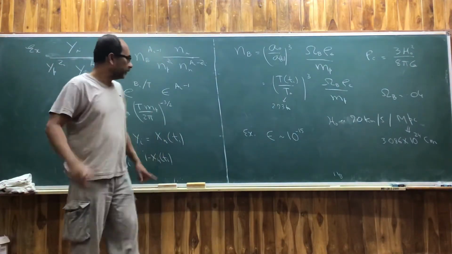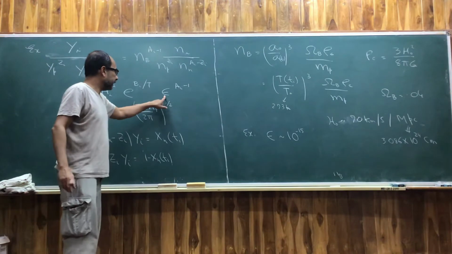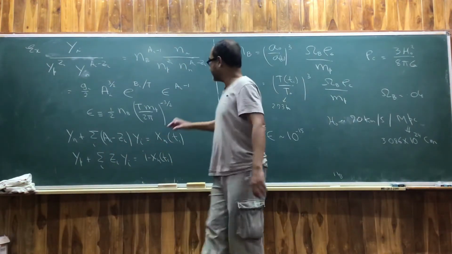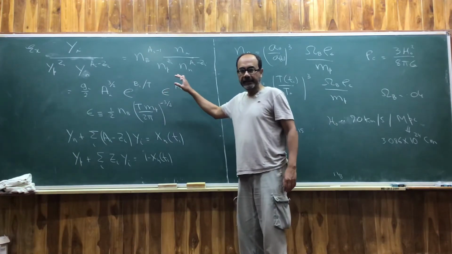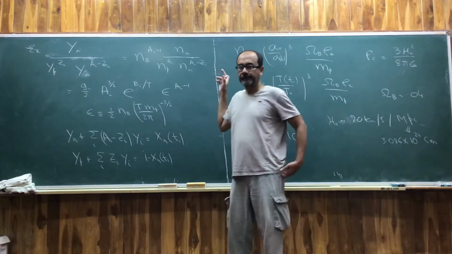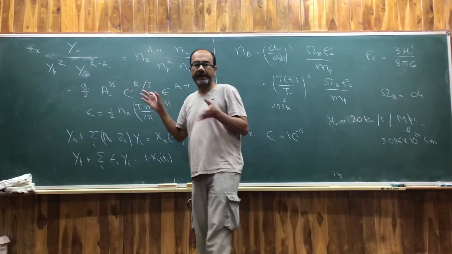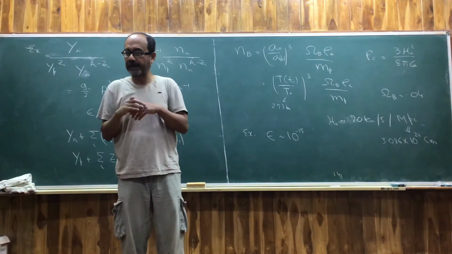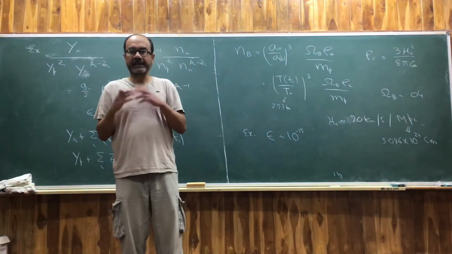Now you would notice from this formula that the more the number of AIs, the smaller is this factor. Right? That means, at least from this factor, it looks like it's less likely to get nuclei with a large number of nucleons, a large number of baryons. And the reason is simple.